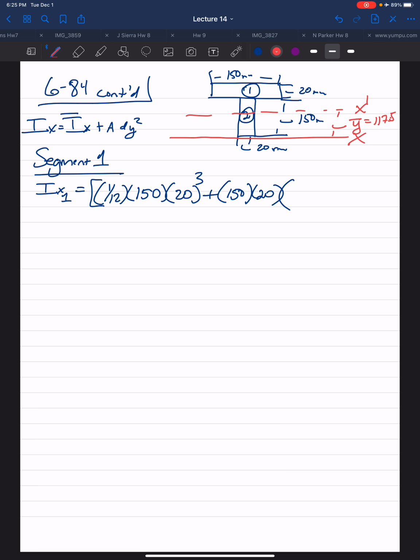So then our dy is the distance from each individual segment's centroid to the centroid of the composite. So for segment 1, our centroid location from the bottom axis is 150 plus the center of segment 1, which is 10 millimeters. So that's 160 minus the 117.5 squared.